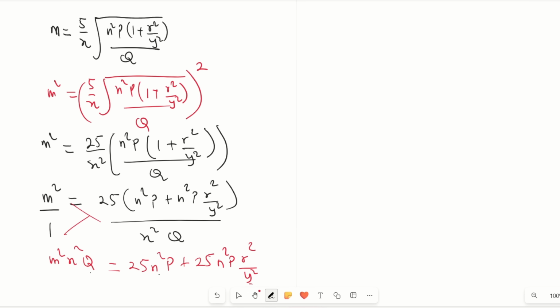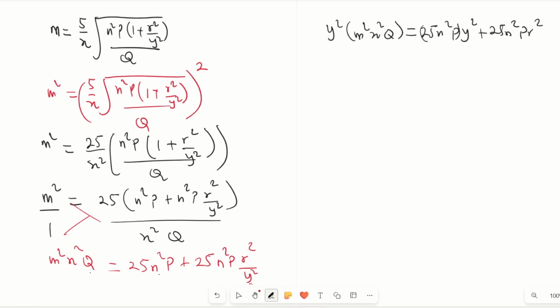So we can have y squared m squared x squared q equal to 25 n squared p y squared, and then we would also have plus 25 n squared p r squared, because when you multiply y squared by r squared over y squared, they cancel out.